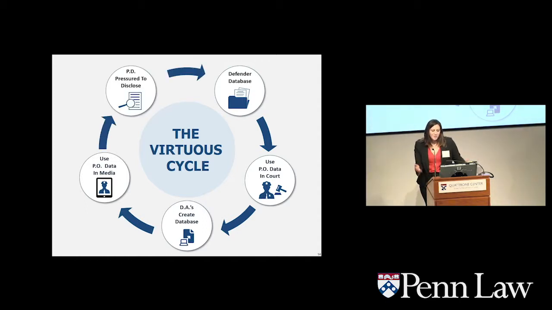Okay, so the virtuous cycle. Because we started this database, we're able to use this information in courts. We are often catching the DAs off guard, right? We knew a lot more about the police misconduct than they did, that they were required to disclose to us.